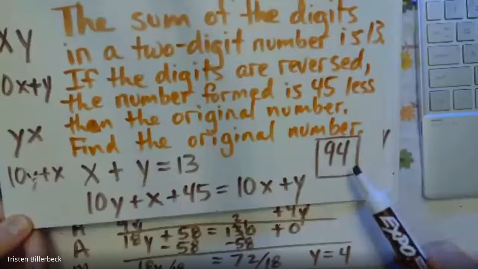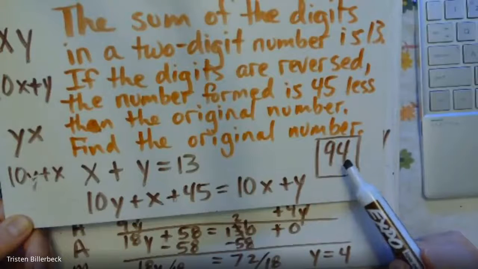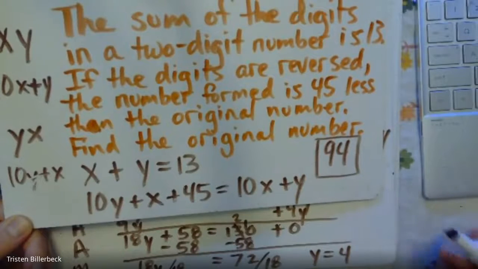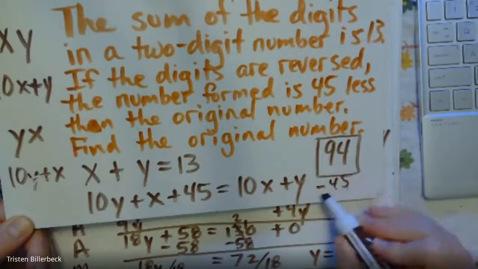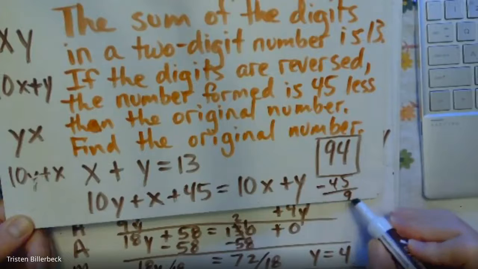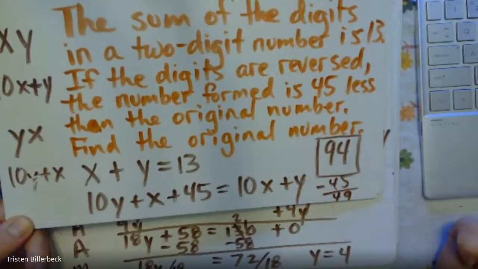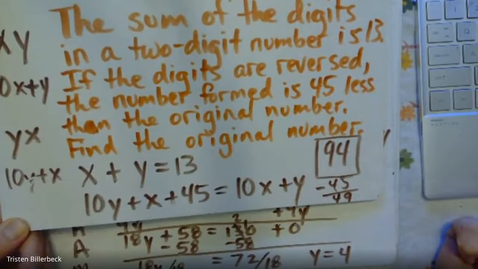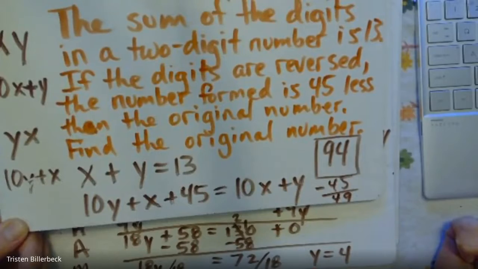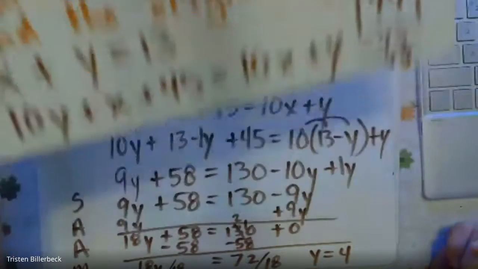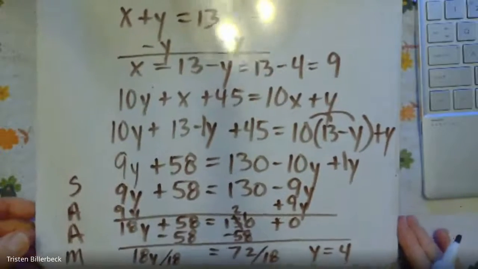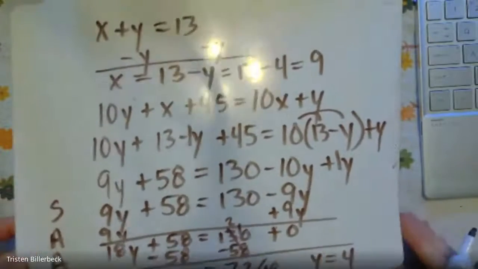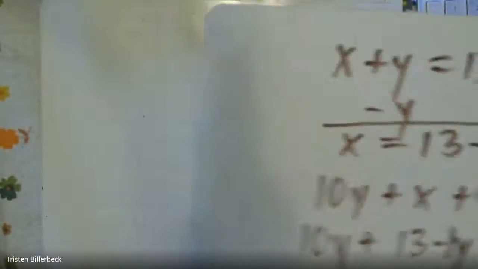And we can check that, 94 minus 45. So if we subtract 45, we get 49. So it works out perfectly. And there you have it for that problem. Okay, so that was quite a long problem, don't you say?